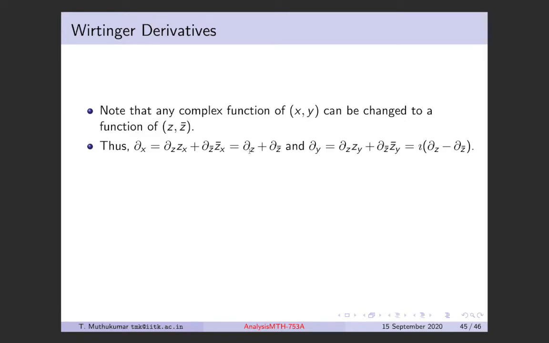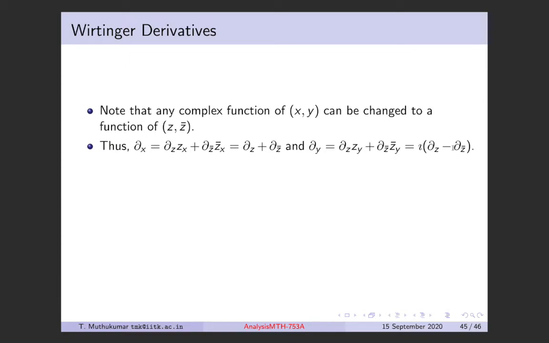So this is precisely the partial derivative with respect to z summed with the partial derivative with respect to the conjugate of z. The same observation tells you that the partial derivative with respect to y, by the chain rule, is this, because the derivative of z with respect to y is i, and that of z bar is minus i, so you get this.